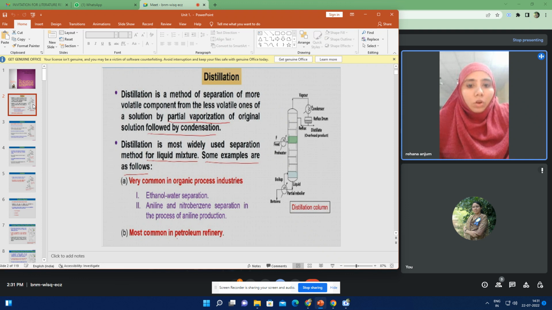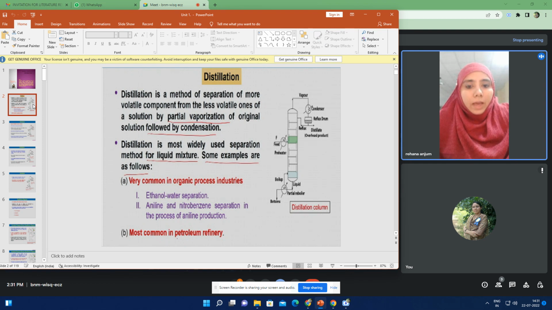So this is a typical distillation column. Distillation is the most widely used separation method for liquid mixtures.